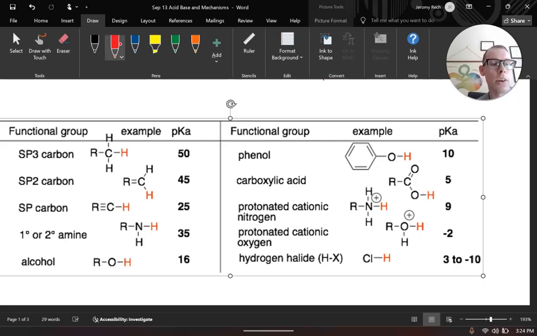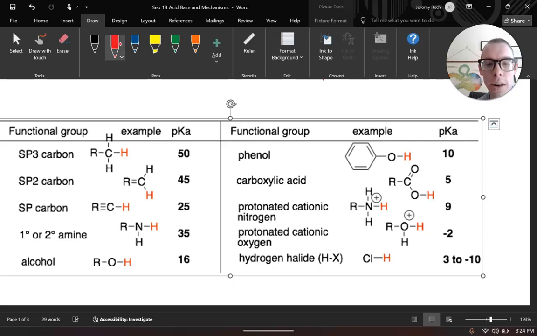So sp3, sp2, sp hybridized carbons, sp3 and sp2 are really high, way up in like the 45s and 50s, where my sp is down at 25. A normal amine is around 35, so that's pretty high. Alkyls are around 16, we talked about that. Our phenols, which are the OH connected to a benzene, is around 10. Carboxylic acids are around 5.